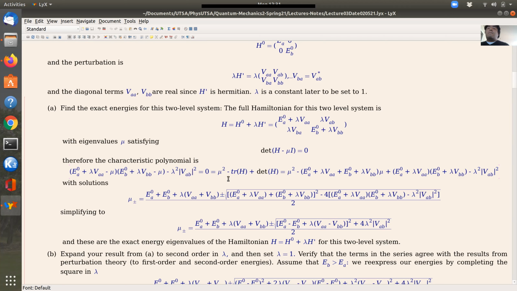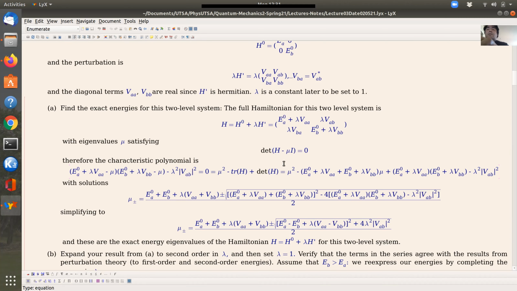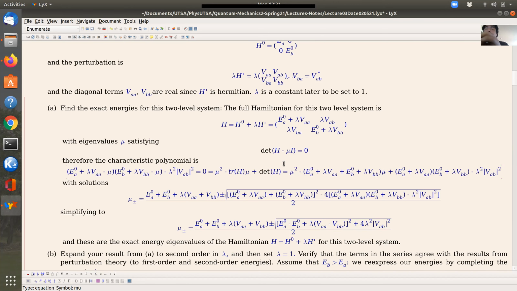For a 2x2 matrix, you can express the characteristic polynomial as mu squared minus trace of H times mu plus determinant of H. So those are properties that are quite useful in the 2x2 system. This is just because perhaps it's a little bit simpler to express it right away instead of doing this computation as a quadratic equation.